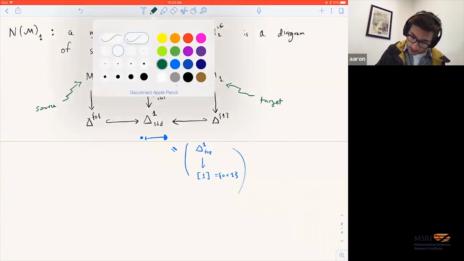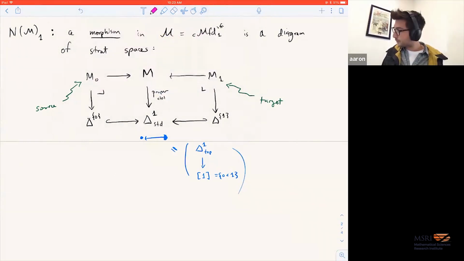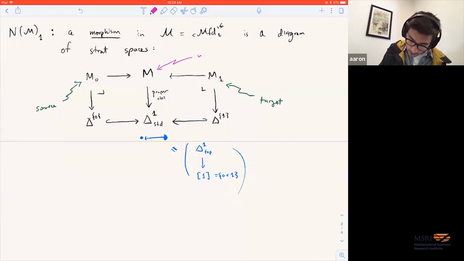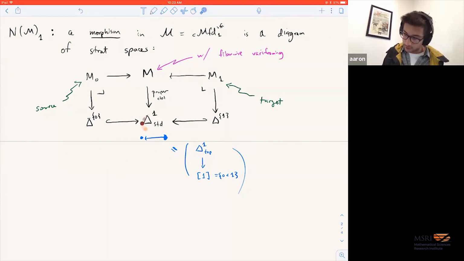And let me say that this M, this is a proper constructible bundle, and I'll give some examples in a moment, but let me finish the definition. This is required to be equipped with fiber-wise veriframing. When I say fiber-wise, I mean over the standardly stratified 1 simplex.